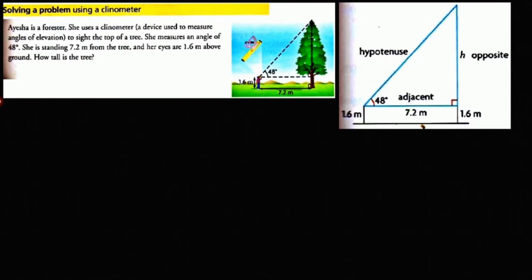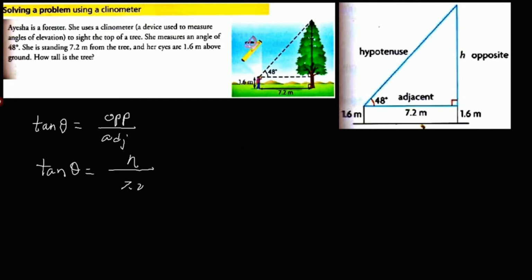Tangent theta equals opposite side over adjacent side. The opposite side we don't know, so tangent theta equals h divided by 7.2.